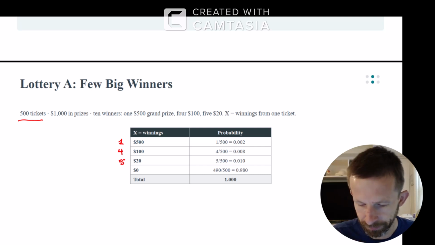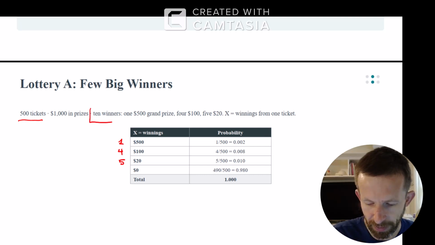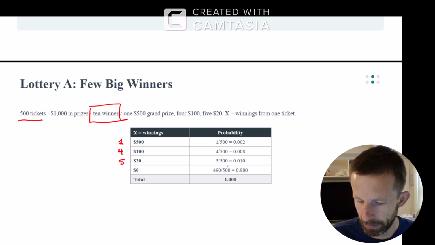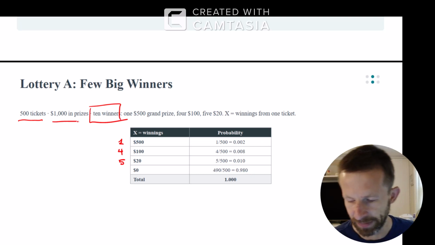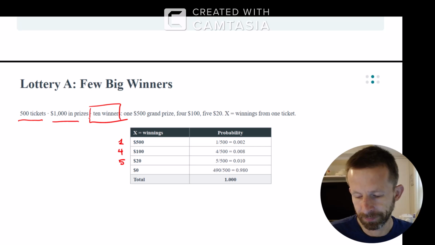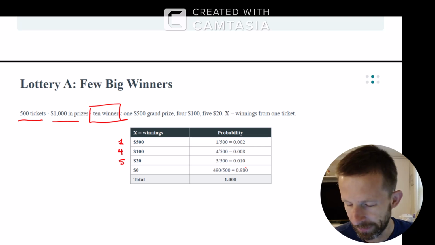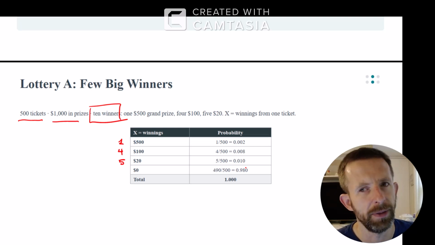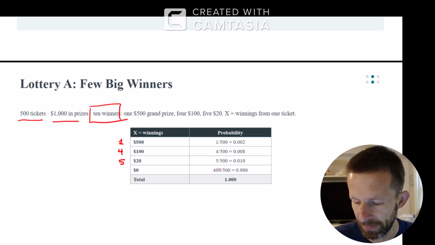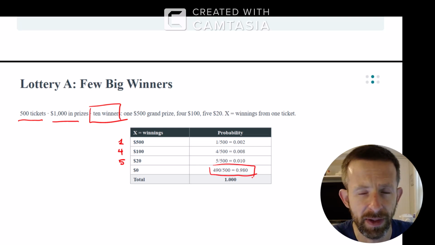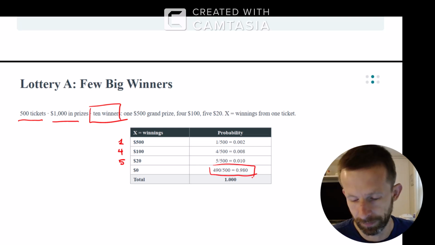So altogether, you have 10 winners and $1,000 in prizes. Now, the odds of winning a prize are about 2% total, which means that 490 out of 500 people that play the lottery, or 98% of the people, are going to lose.